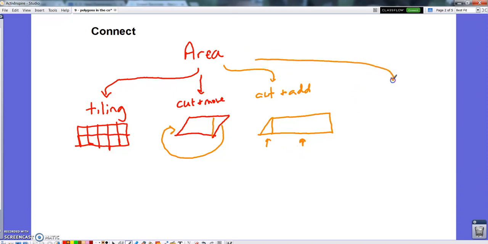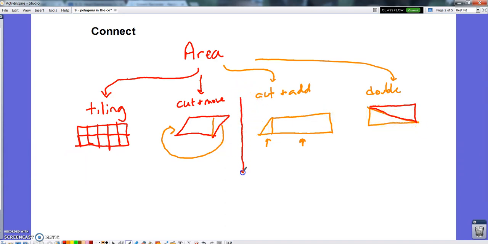Sometimes we doubled. For instance, a triangle like this was too hard to tile, but we could double it and do a rectangle, and then find the area of the rectangle, and then divide it by 2.